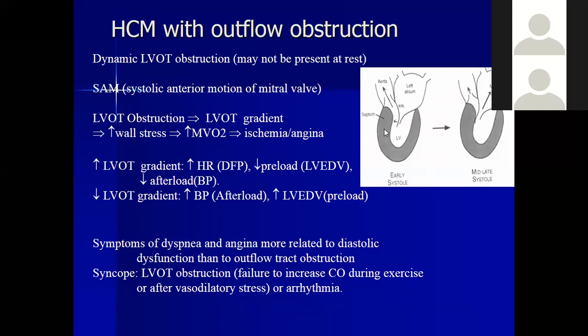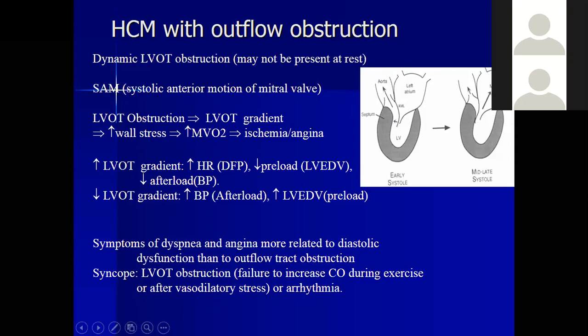This is the thickened ventricle. This is your left atrium, left ventricle. This is your aorta. When your ventricle is so thickened, it sucks your anterior mitral leaflet flat, causing a dynamic LVOT obstruction, right? The dynamic LVOT obstruction may not be present at rest. When they are dehydrated, or when they run, they can have this dynamic LVOT obstruction and an increased LVOT gradient.